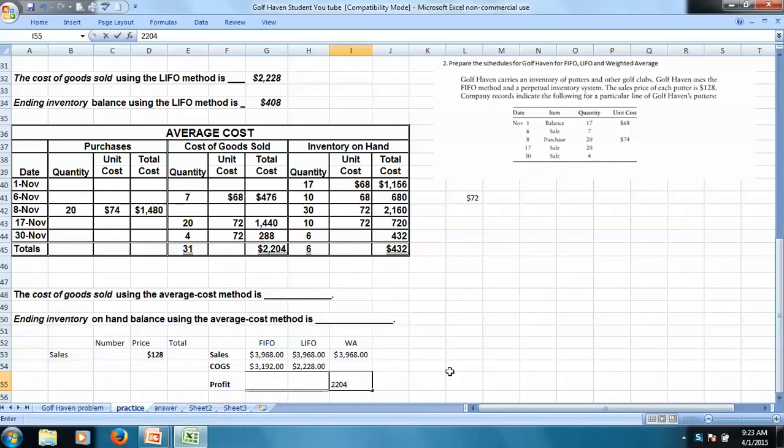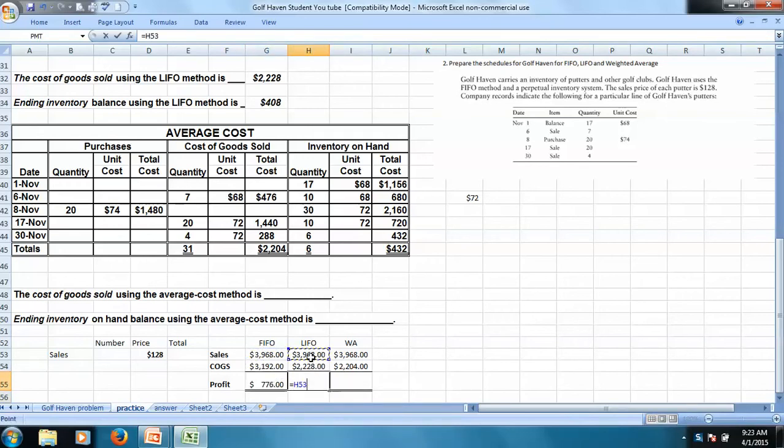Oops, we go 2204. That's the cost of the goods sold, and we can take the sales revenue, what we sold the putters for, subtract out the cost of the goods, the cost we paid for the putters. That will give us our gross profit under each of the costing assumptions.